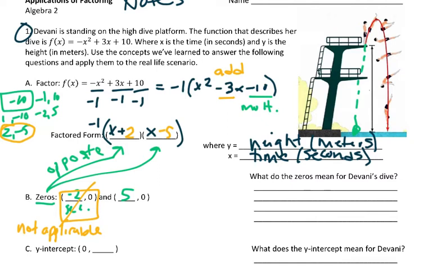Okay, either way, what do the zeros mean? It means that at 5 seconds after the beginning of the dive, that is when Devani is going to land. So 5 seconds after she starts to dive, she reaches height 0, which is the water.